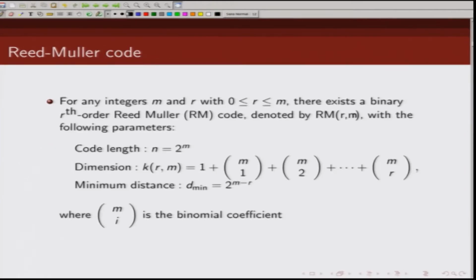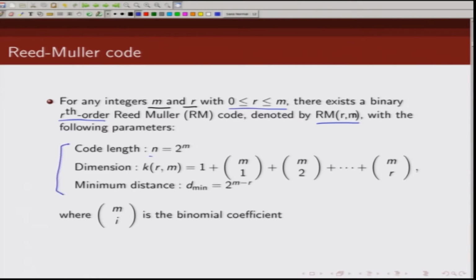For any integers m and r such that r is greater than 0 and less than or equal to m, there exists a binary rth order Reed-Muller code, which we denote by these parameters r and m. Reed-Muller code has the following code properties.